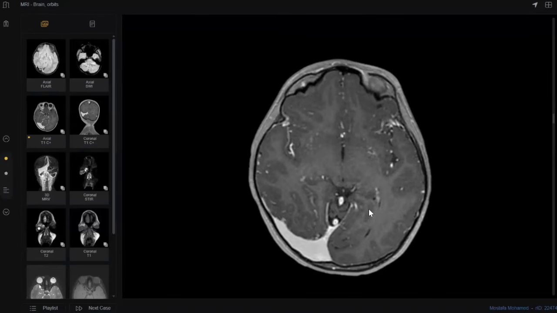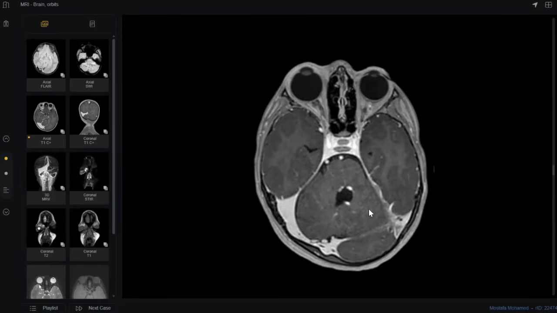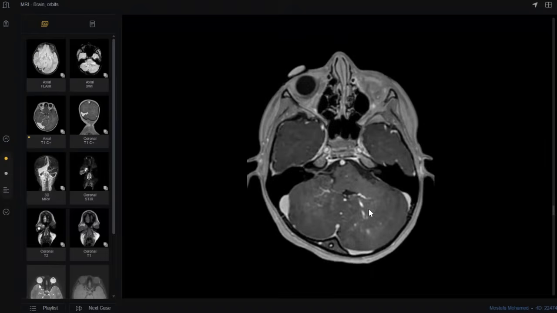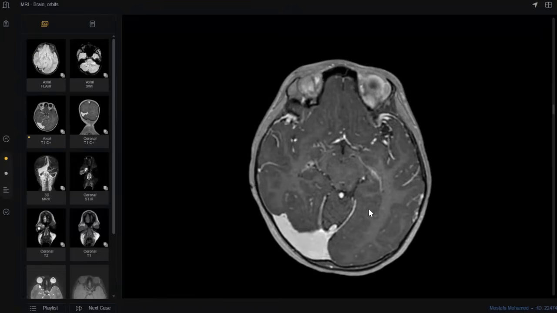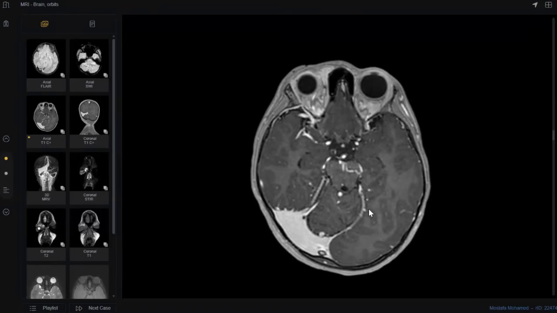Could you have another look for the rest of the examination? Concentrate here, please. I think there is some abnormal communication between the venous and the arterial system here and in the basal system.